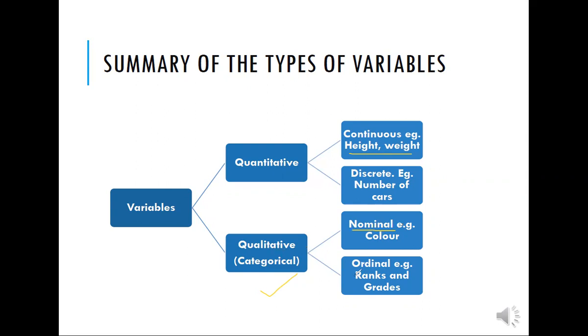And then when it comes to qualitative, those with order, we say they are ordinal qualitative variables. They are ranks, grades, your grades. So A, B, C, D, E, F, right? They are all under what? Ordinal qualitative variable. And there are differences also in the ordinal, like level and rank ordinal, but we're not going to touch on that for now.